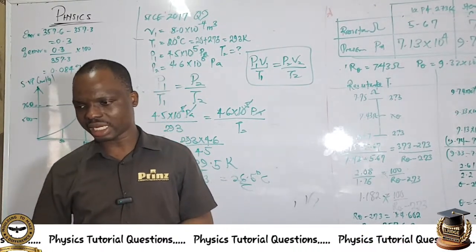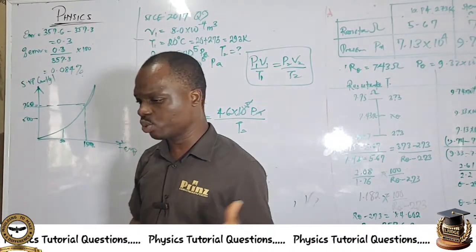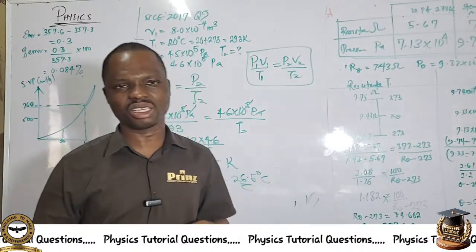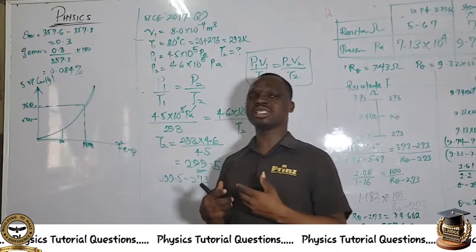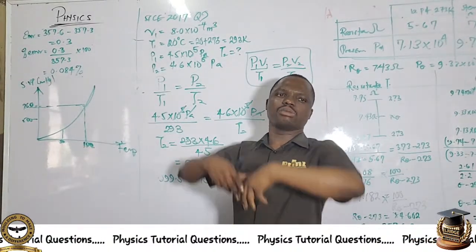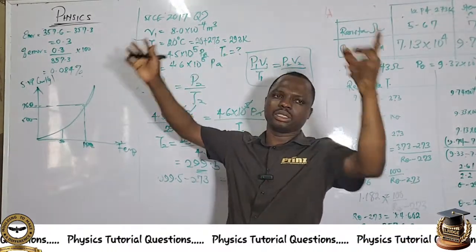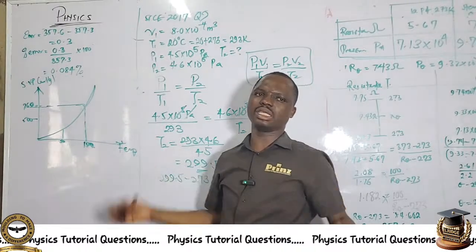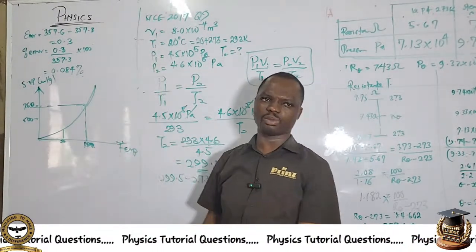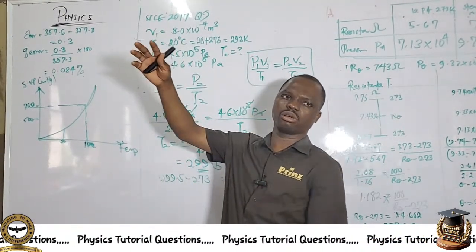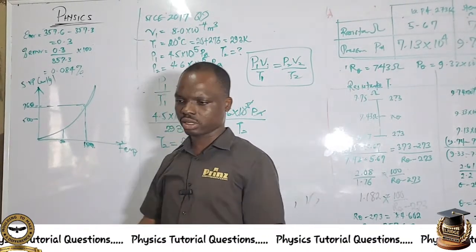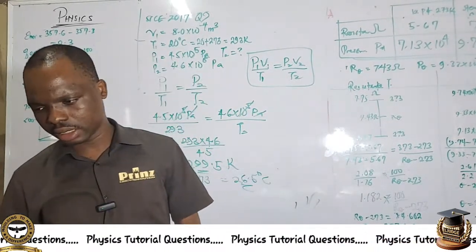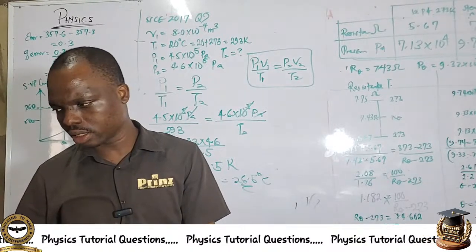So the answer will be: the glass will crack or burst due to excessive pressure created by expansion of the mercury. As the mercury is being heated up, it keeps on expanding, and there's no space for it to expand because the range is very small. Then it will break or crack or burst. So that is that about that.